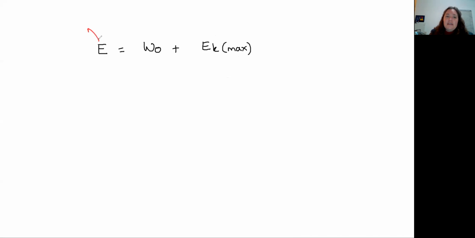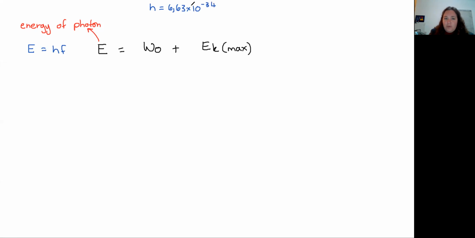So firstly, E is the energy of the photon. So this is the energy of the light particle that strikes the metal. There are two formulas that you could use to work this out. The one is that E is equal to hf, and I'm going to remind you again, h is 6,63 times 10 to the negative 34.